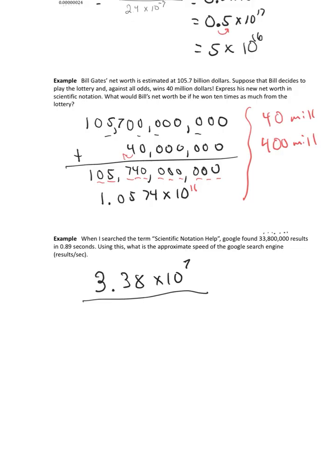Let's make that 8.9 times 10 to the negative 1, just so that we can do our math in scientific notation. In fact, I could have done that on the previous example with Bill Gates too. I should have done that.